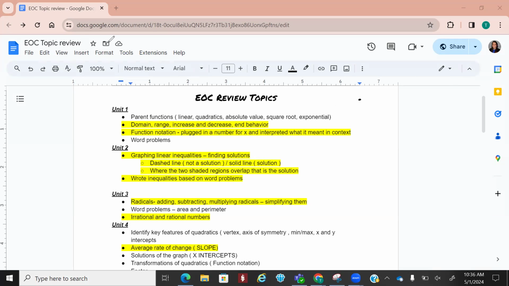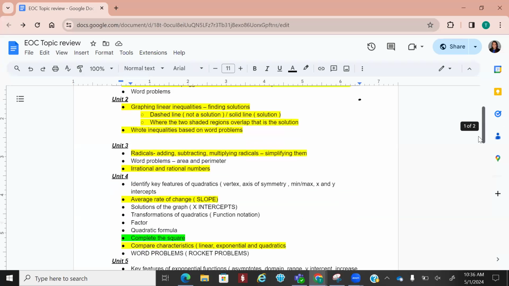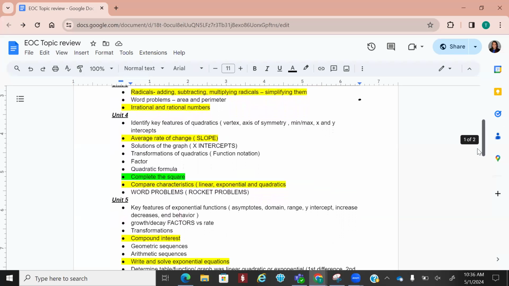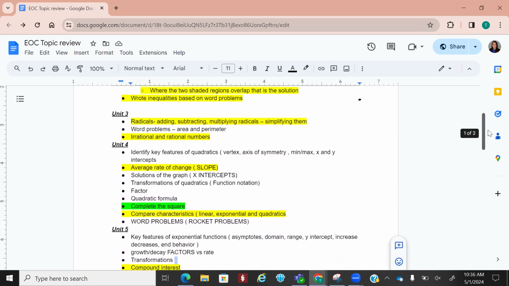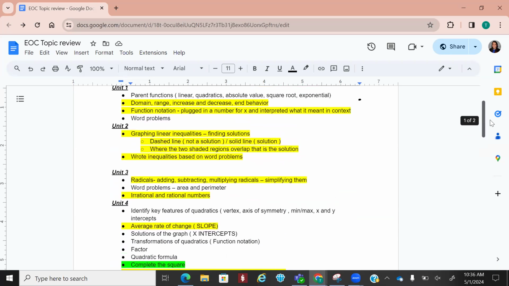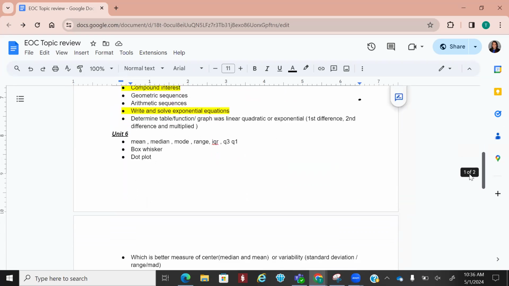Compound interest, okay? What else? That's it? We're only worried about compound interest? Radicals, okay? Anything else? Correlation, box and whisker.